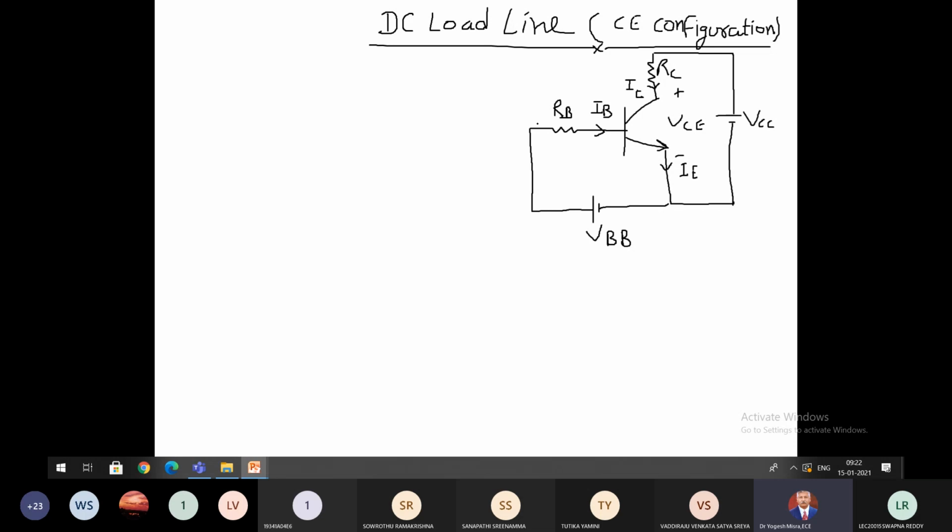Okay, so whatever signal we want to amplify, that signal we will apply here, right? We call it as Vs. So this Vs is signal to be amplified.